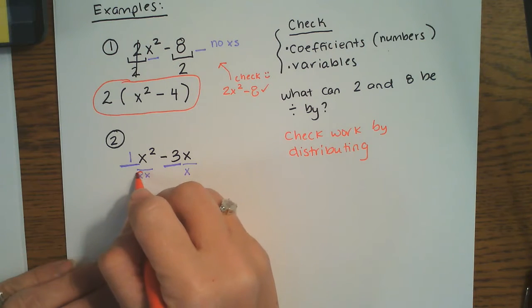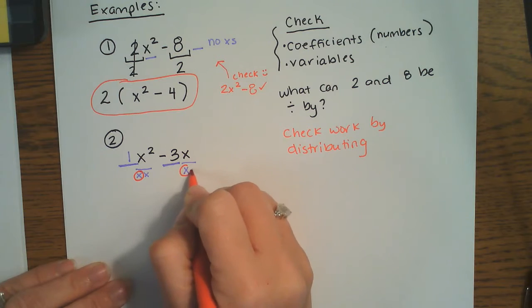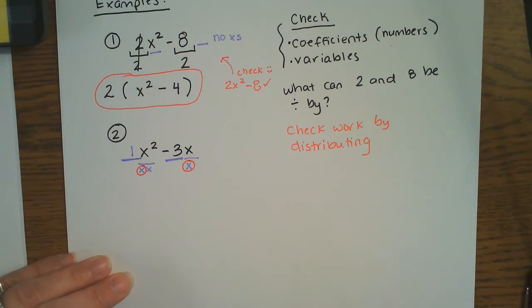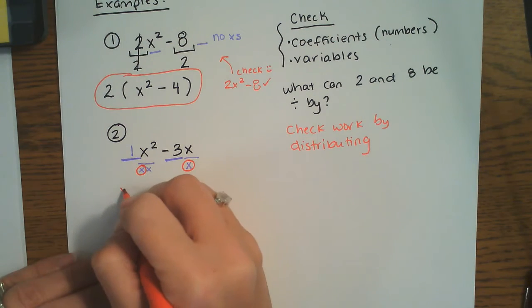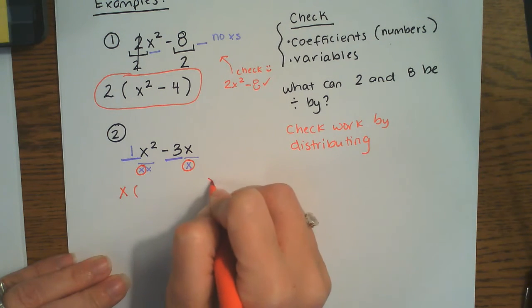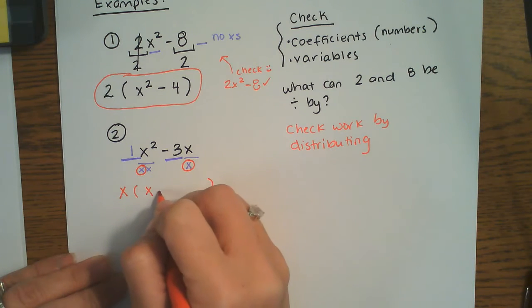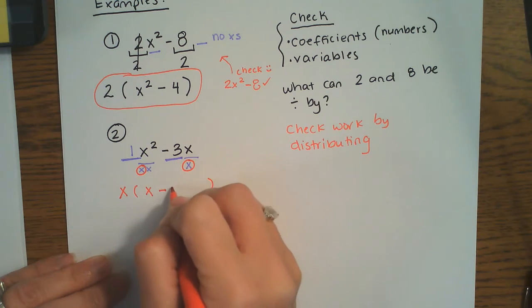So I can take 1 from here and 1 from here, and that is their common factor. I can take that 1x to the front of a set of parentheses. That'll leave me with 1x minus 3.